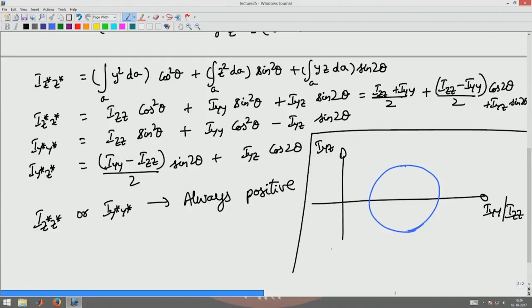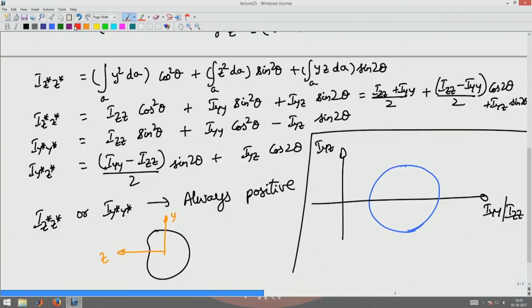Now let us understand why that happens physically. Why is there a positive Iyz for some orientation of the axis and negative Iyz for some other orientation? Let us say I have this cross section, some potato, with y and z initially oriented like this.